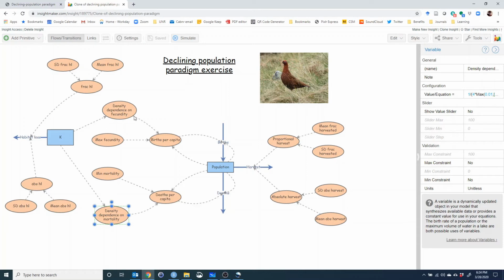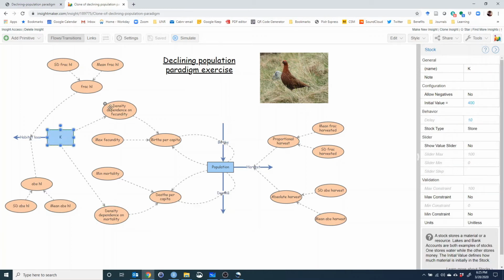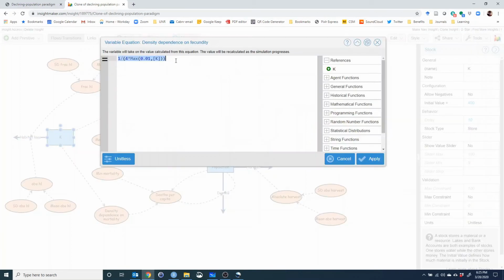But really, those terms together help to define carrying capacity, and we can actually model carrying capacity explicitly and just link these density dependence terms to carrying capacity. And so what we see is that as the carrying capacity goes down, the density dependence terms actually become larger. And that should make some sense, because as carrying capacity is reduced, you will feel more crowding.